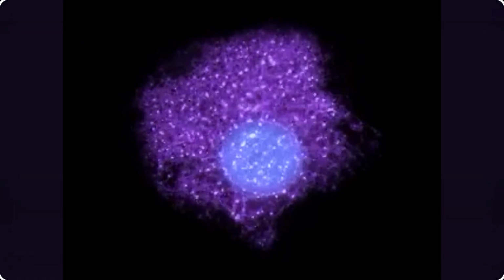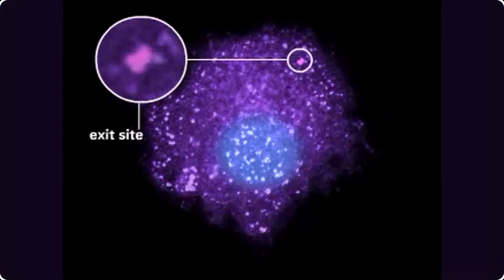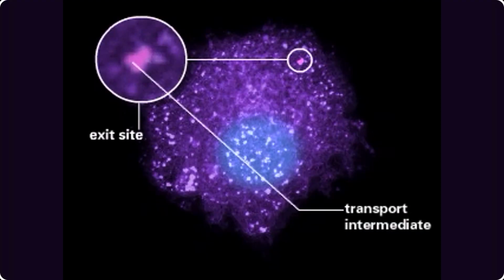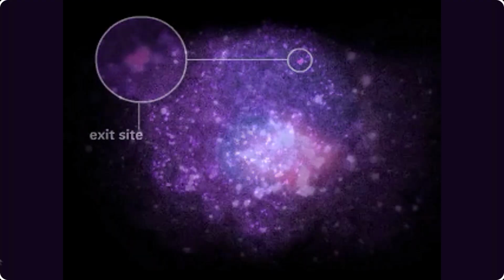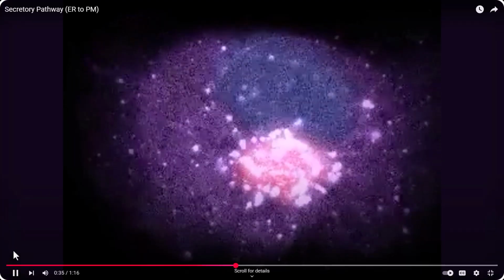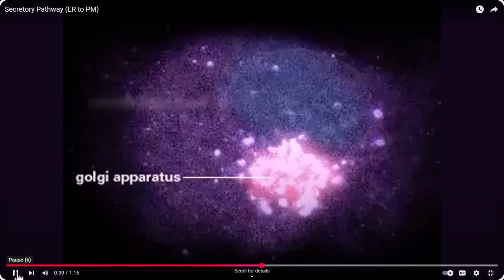At each of these sites, the membrane proteins are concentrated and packaged into transport vesicles. Clusters of the transport vesicles fuse to form transport intermediates. At the next stage, transport intermediates move along microtubule tracks to the Golgi apparatus near the center of the cell.